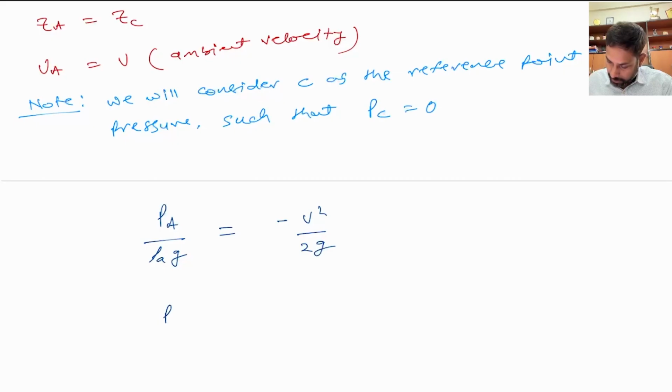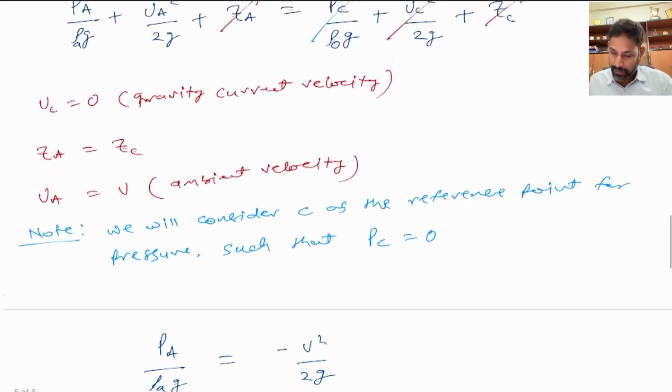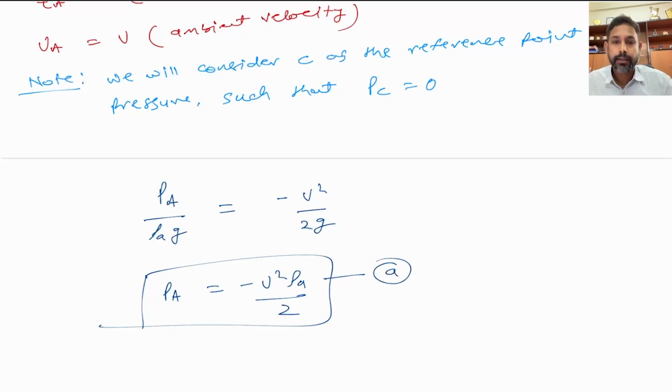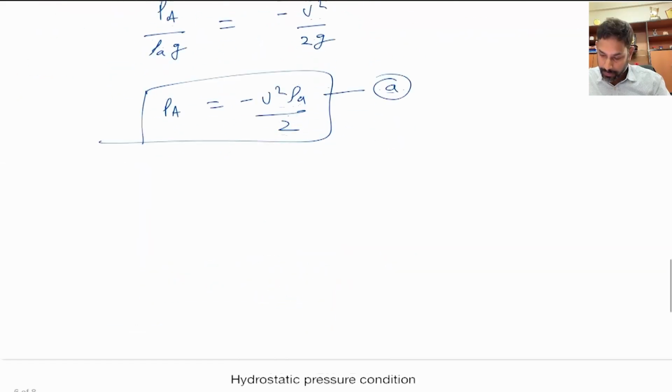This actually tells us PA is simply minus U square rho A by 2. So this is what we have for pressure at point A. This equation we will need for subsequent derivations, so let's call it equation A.